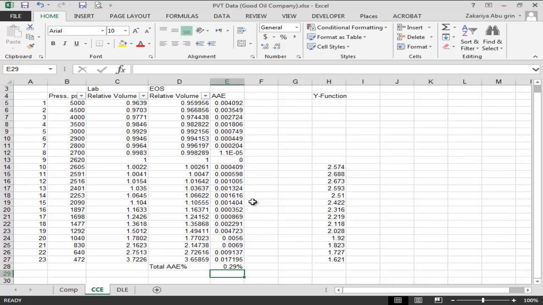We did not do that, because the first step should always be that you check your data, then you use it. Then okay, my data is fine and I can now use it. So why did we start like this? We started because we already know that this data is a textbook example and there are no errors. But now we will apply the Y function and we will see how we can use this function to evaluate our data.